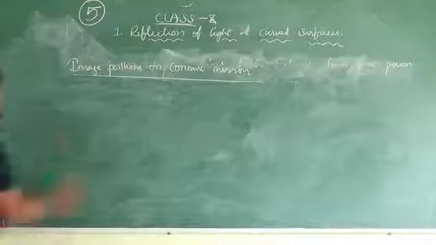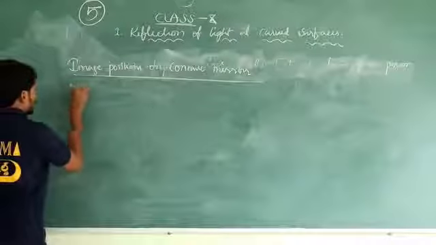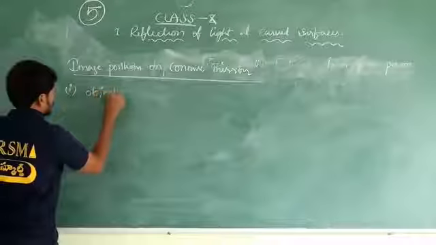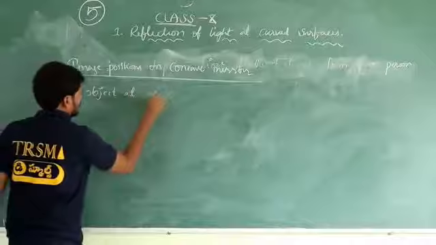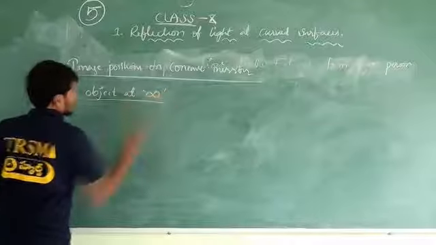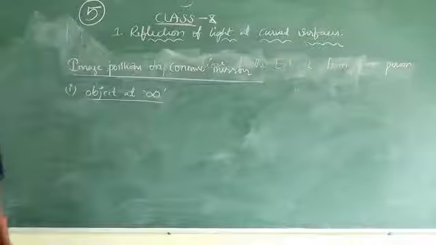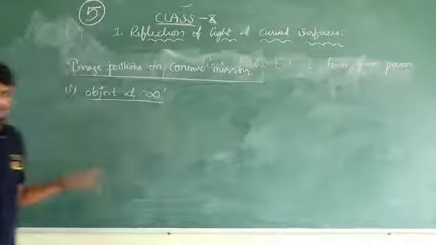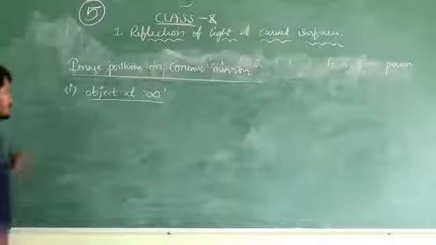In that, the first one is object at infinity. If you are placing the object at infinity, what is the position of the image?